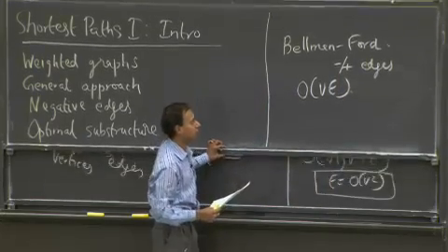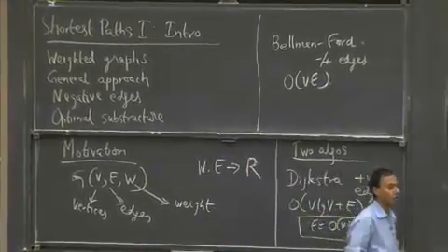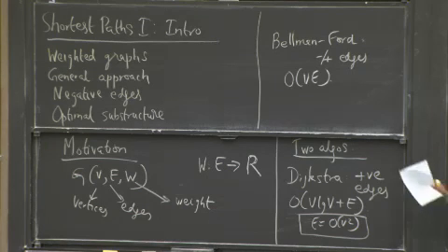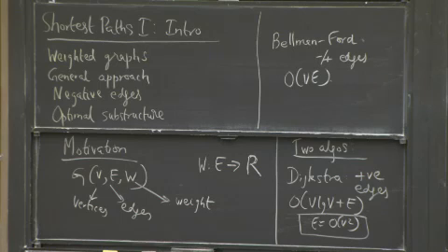So you can imagine a particular implementation of Bellman-Ford running in order V cubed time, because E could be V squared, and you've got this additional E factor, so it's order V cubed versus order V log V. So when you have a chance, use Dijkstra. When you're stuck, you'd want to do Bellman-Ford because you have these negative weight edges.